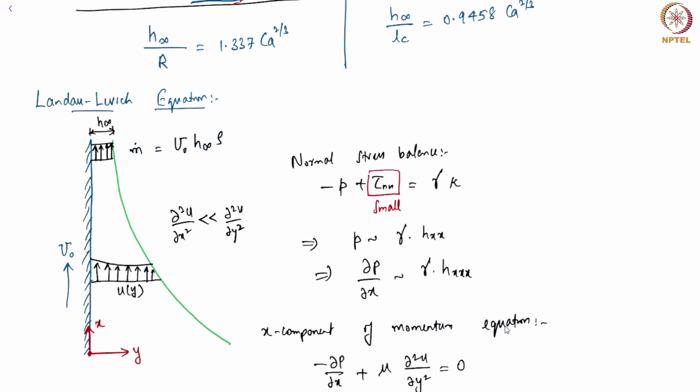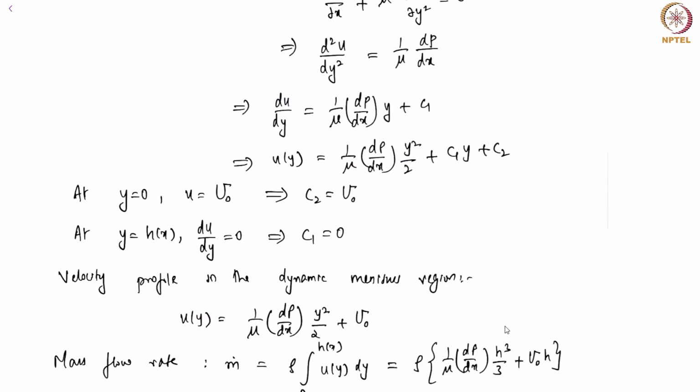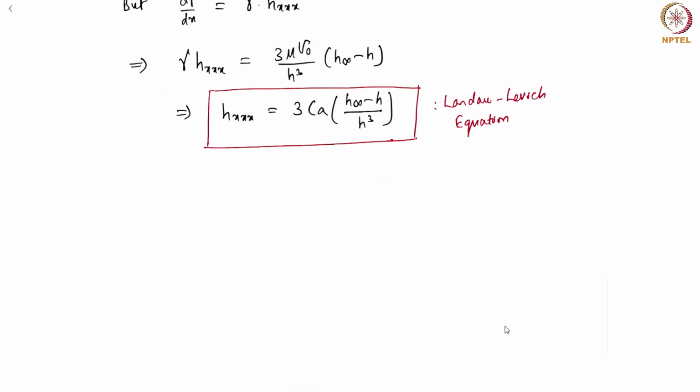Now, this is an equation to describe the thickness h of x in the dynamic meniscus. So this equation, it's a third order nonlinear equation, right? So to solve this equation, we require a few boundary conditions.